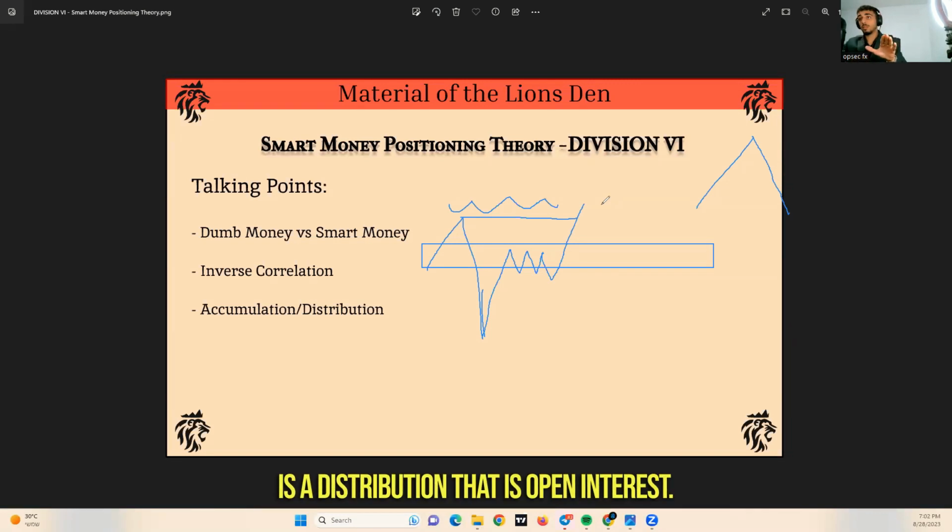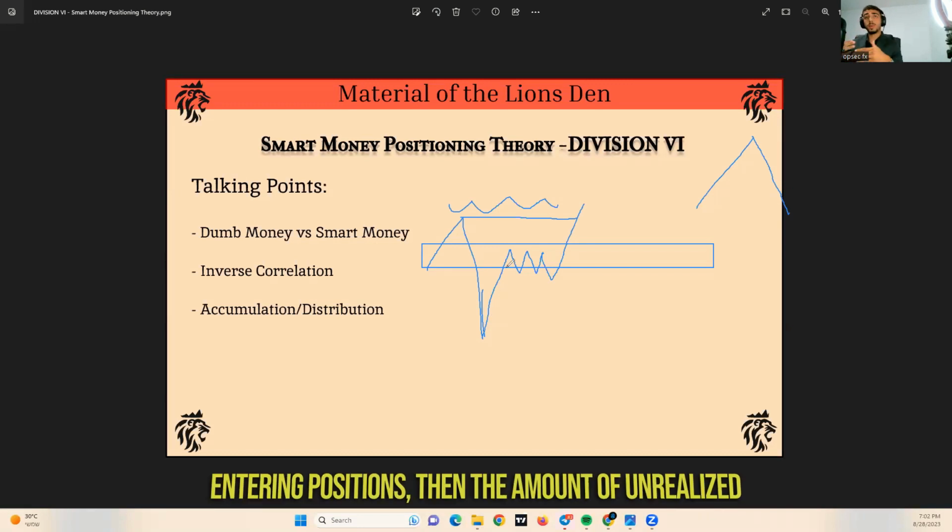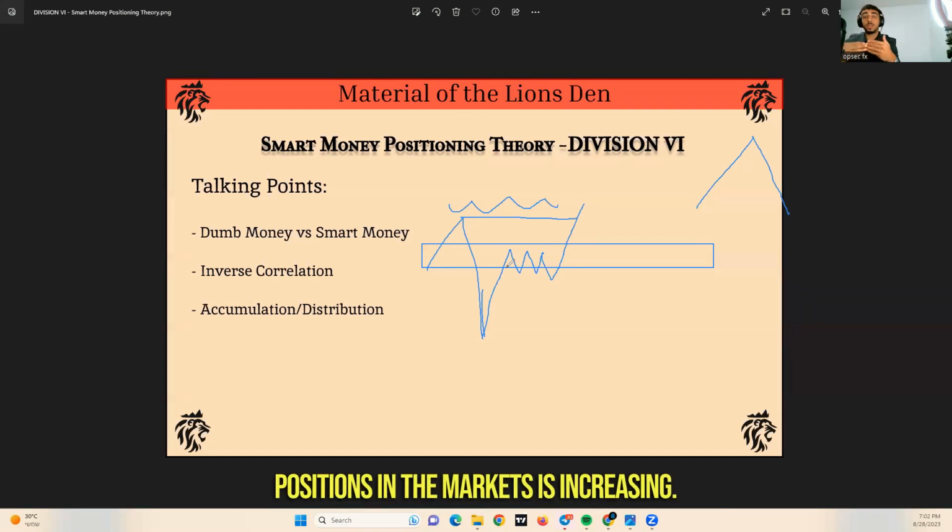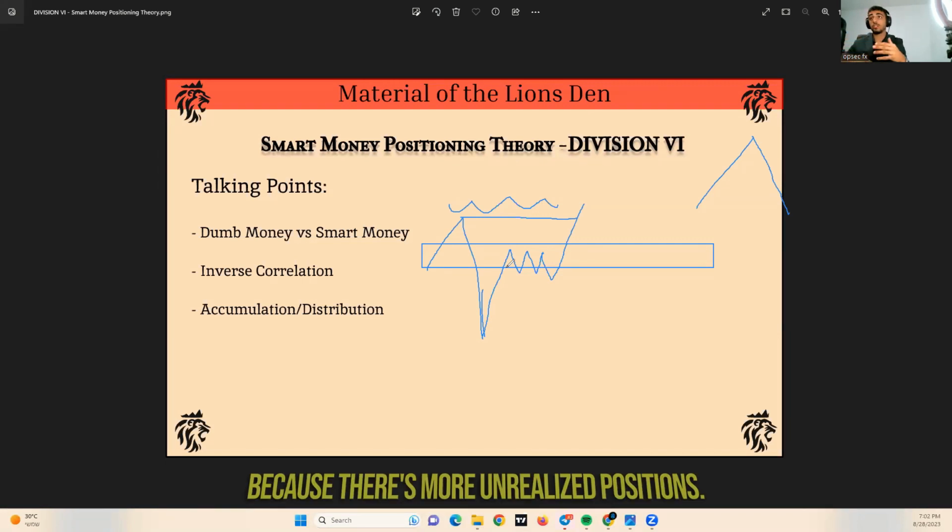That is open interest. I will repeat it one more time. When a lot of people are entering positions, the amount of unrealized positions in the markets is increasing. Therefore, open interest is increasing because there are more unrealized positions.